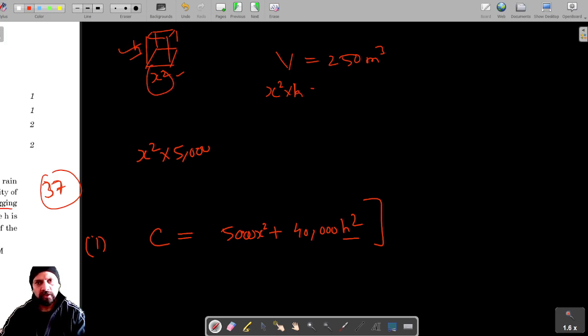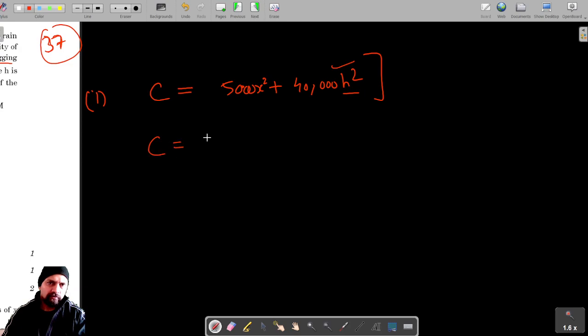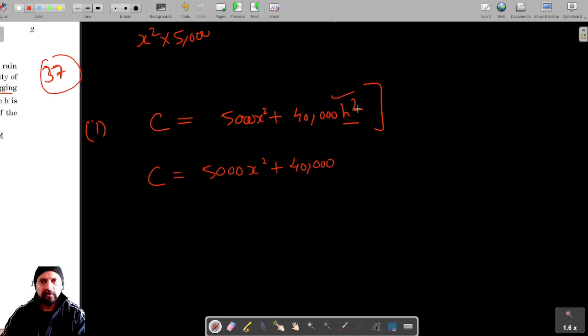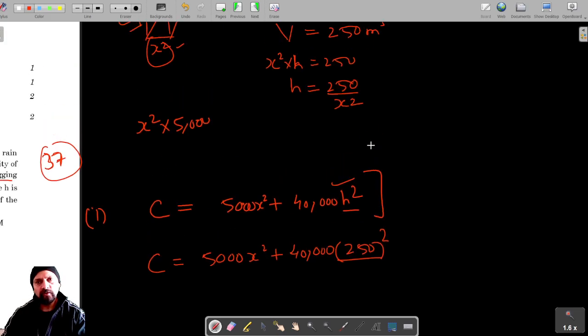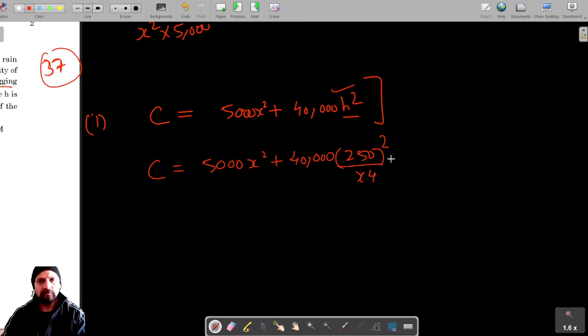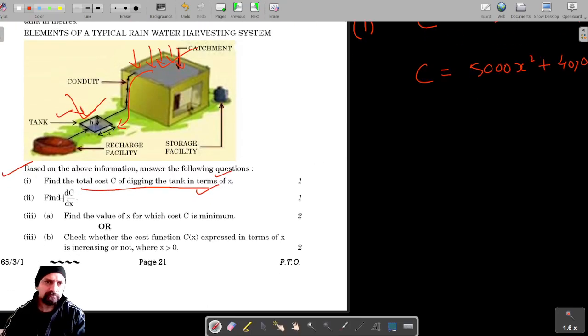So x square into h is equal to 250, which gives me h is equal to 250 by x square. But we have to put in the value of h square. So this is 5,000 into x square plus 40,000 into h square is 250 square upon x raised power 4. So this is the cost of the tank in terms of x.